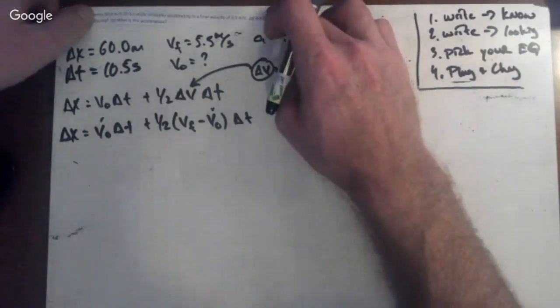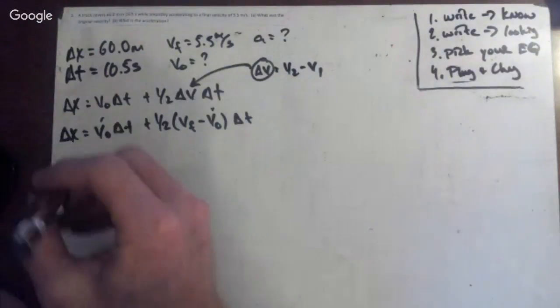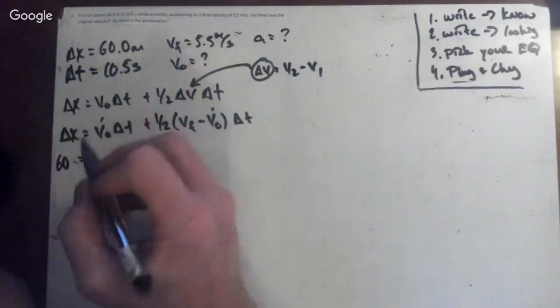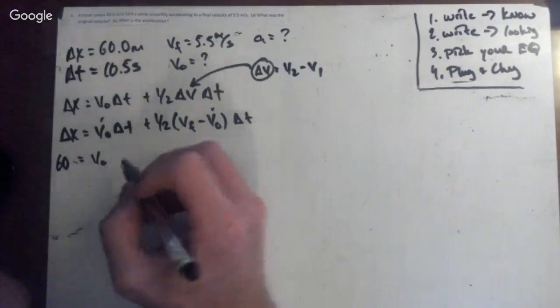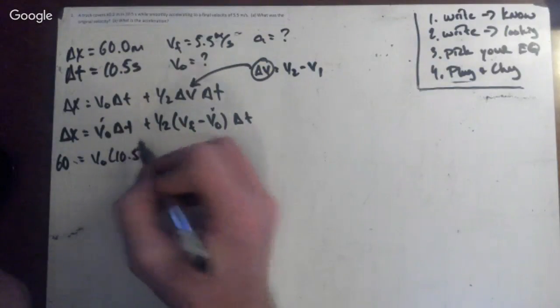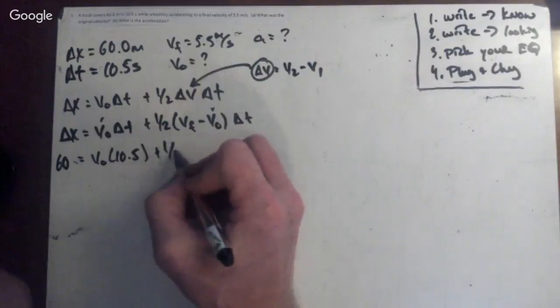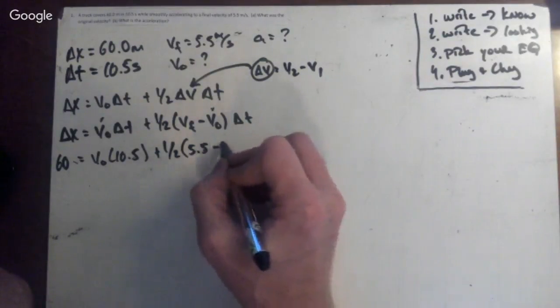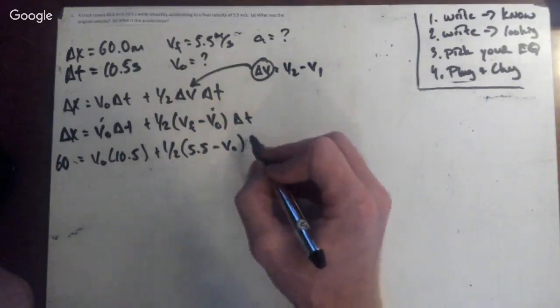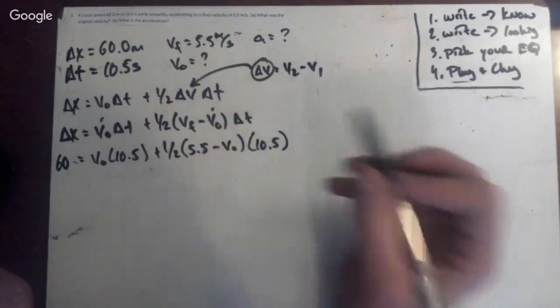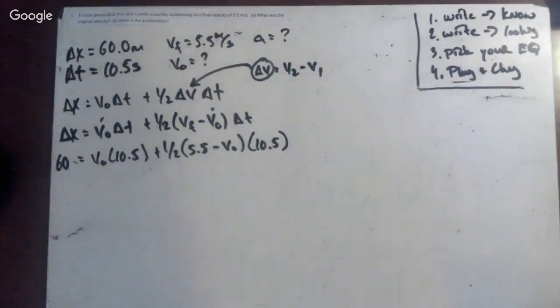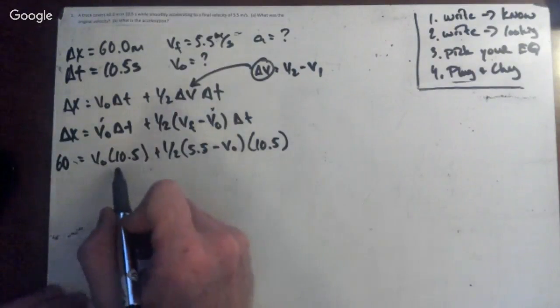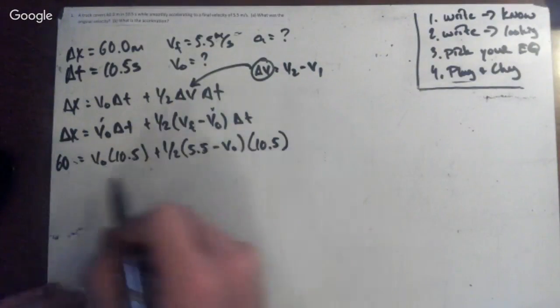Let's go ahead and do step 4, plug and chug. So 60 equals v naught, we don't know what that is, multiplied by 10.5 plus 1/2 5.5 minus whatever v0 is, multiplied by 10.5. If you remember your algebra, you should notice that there's a 10.5 that we can factor out here.